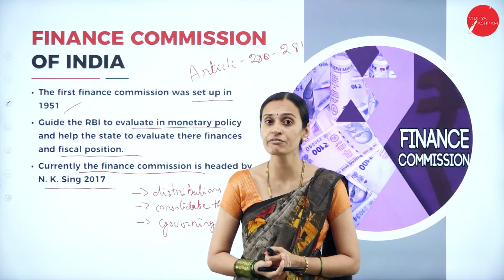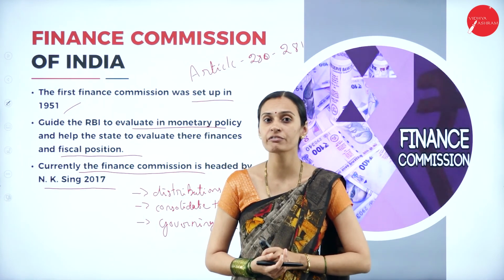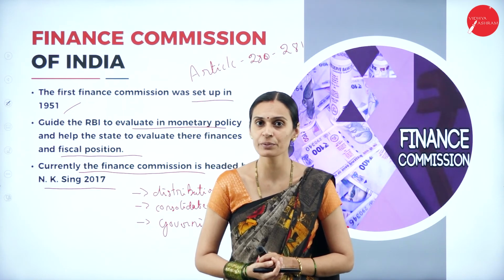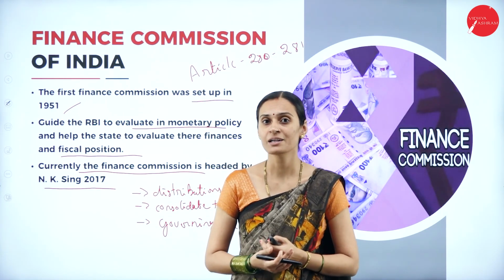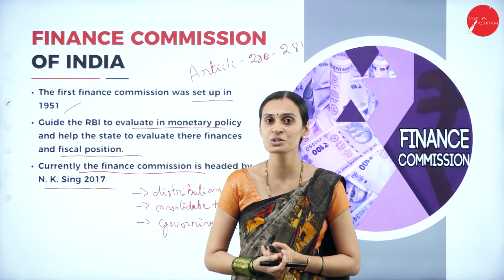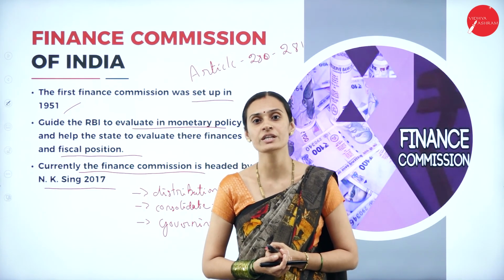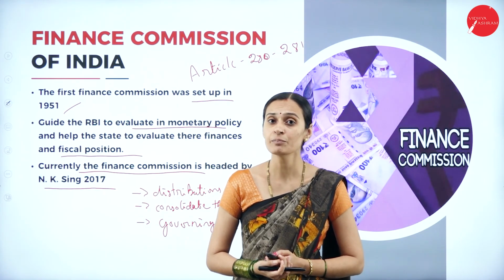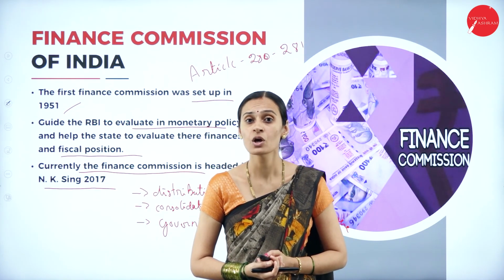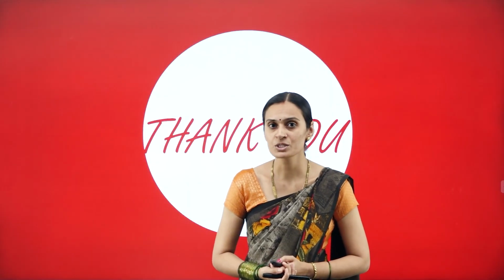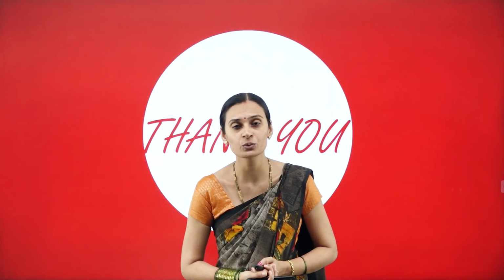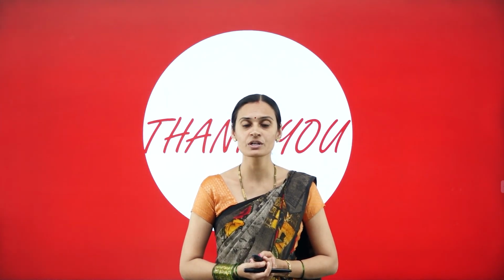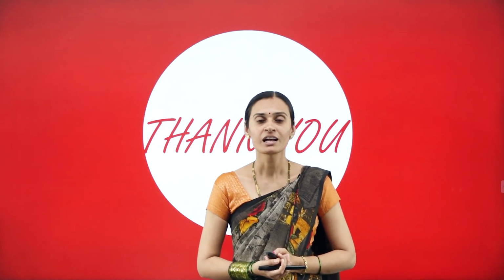And the reforms: reducing the RBI role in financial matters and providing freedom for private sector participation to raise funds. And we also discussed the relationship between center and states. I hope you have understood the concept and you are able to write the answer for any question belonging to this chapter. Dear students, this is the time to say thank you for joining me in this session. Keep watching, read well. Thank you.